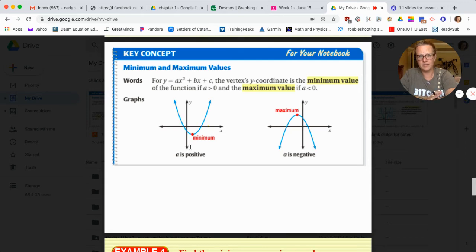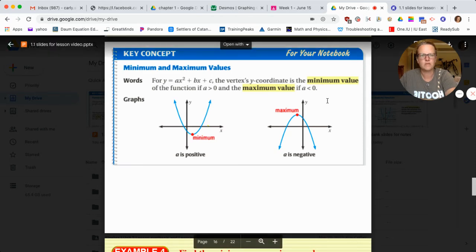So here I have a happy parabola, which means I have a minimum. That means that my y value is the minimum, because if you look at the y-axis, that's the lowest point. The x-axis doesn't have anything to do with the lowest point, just the y-axis, because it's the one that goes up and down, the vertical axis. Okay?